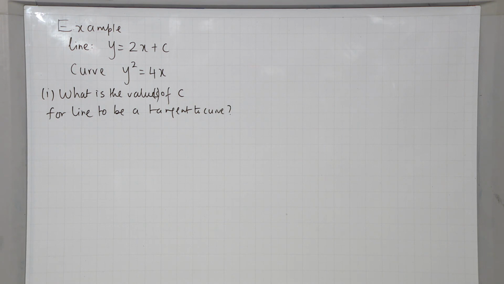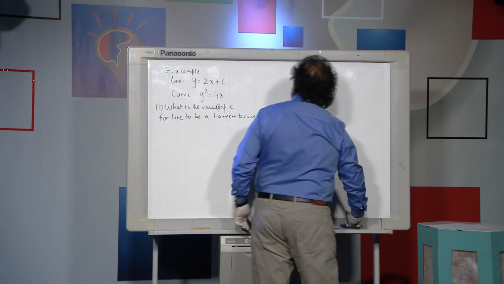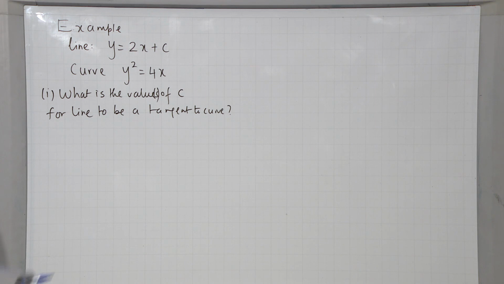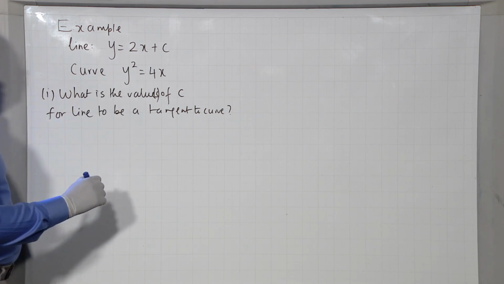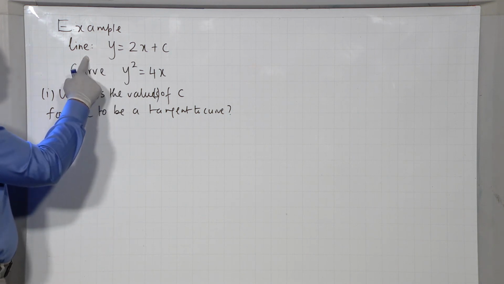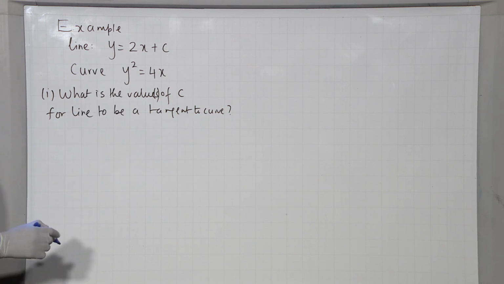So, remember, what was the first step we said? We want to find the point of intersection. Let's solve these two simultaneously. Here, I would choose the option of substitution. From the line, y is equal to 2x plus c.